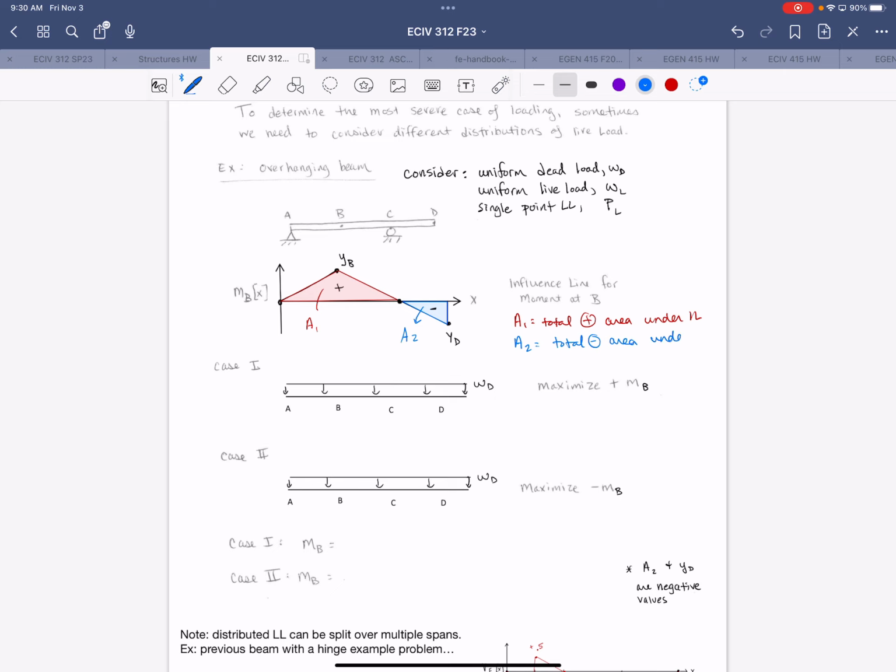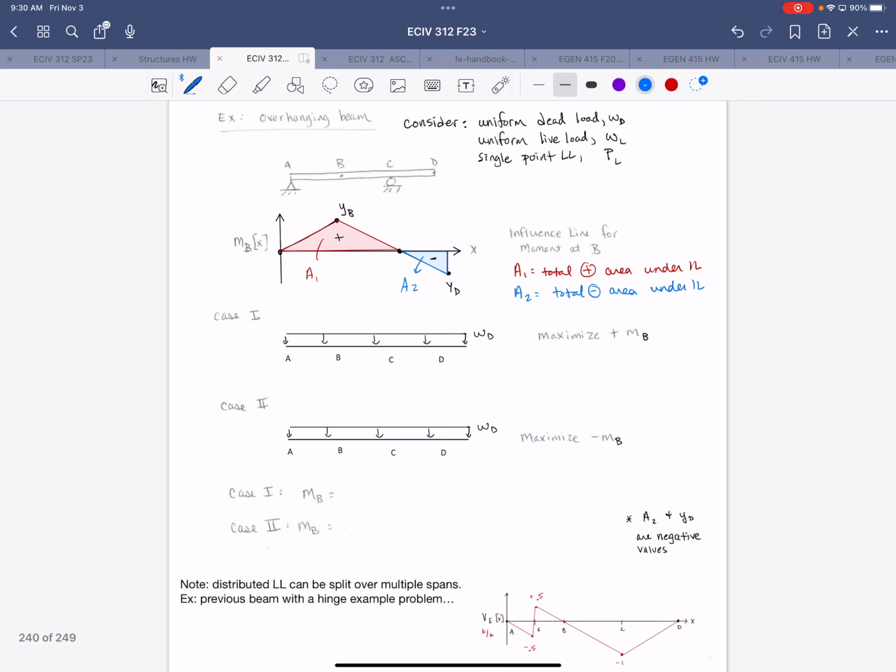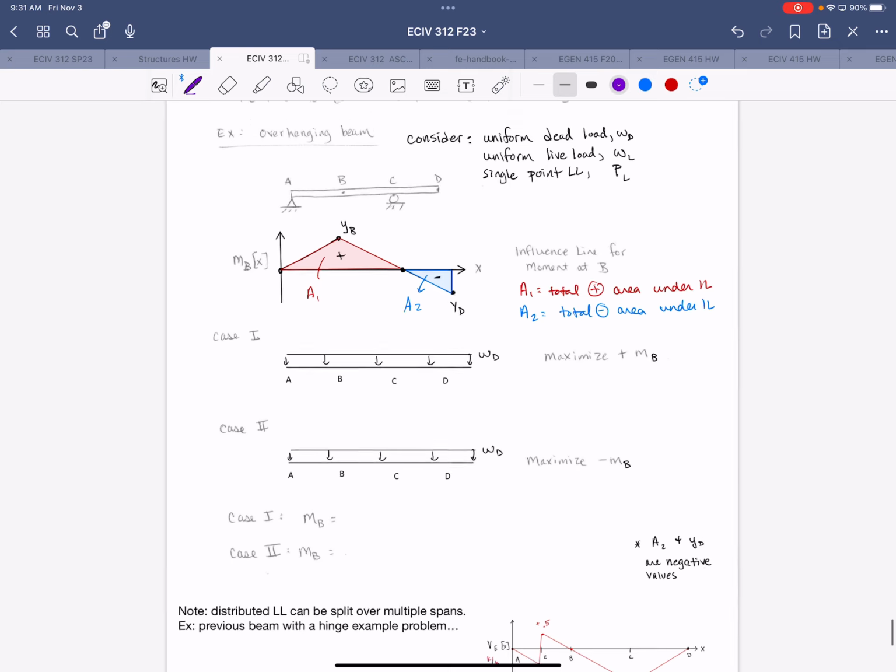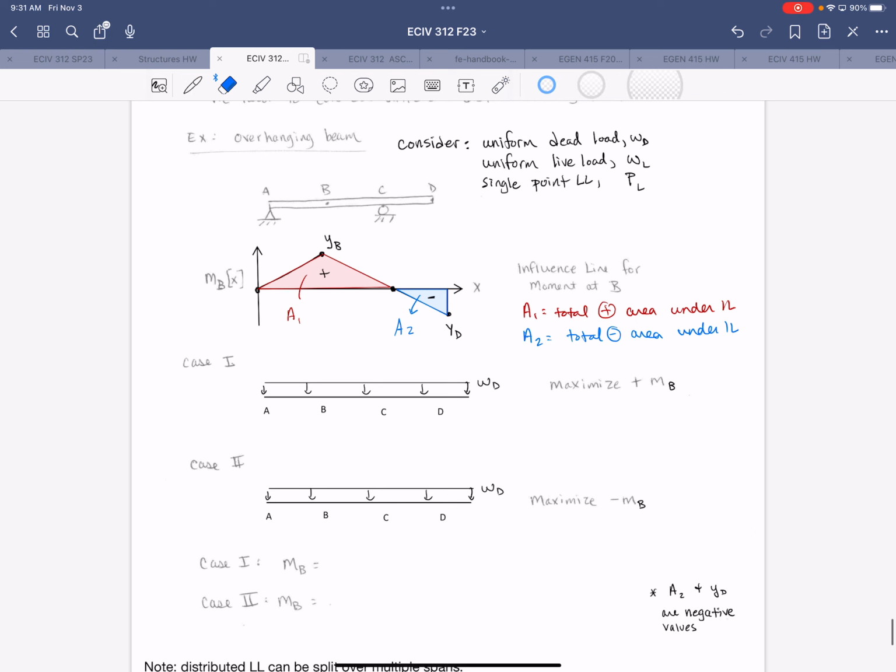All right, so now we'll investigate two different cases. One to maximize the positive moment at B and another to maximize the negative moment at B. I've already got the dead load shown distributed along the entire length of the beam because we don't have a choice in that matter. But for the live loads, we can place them anywhere.